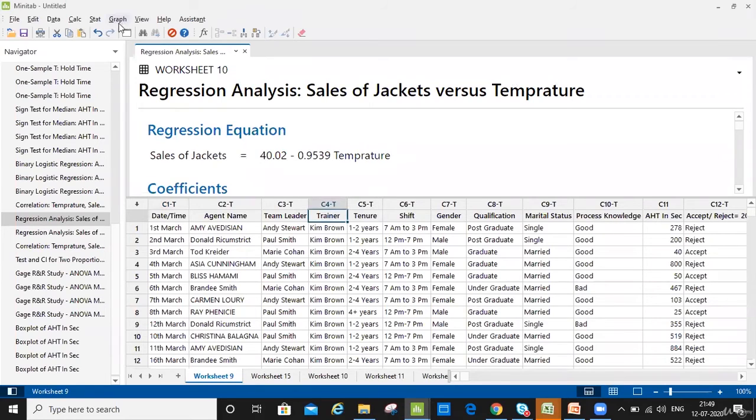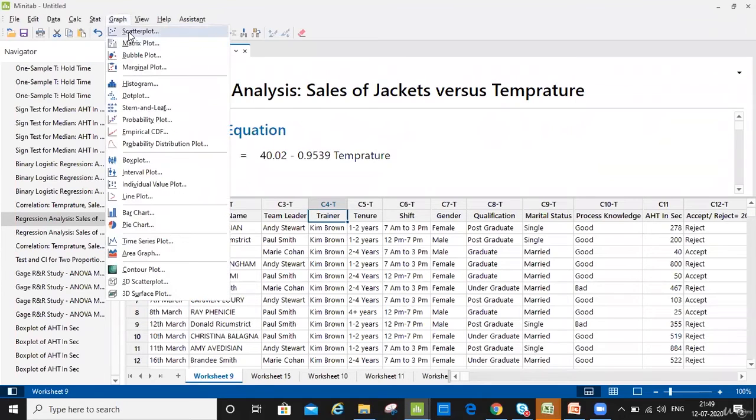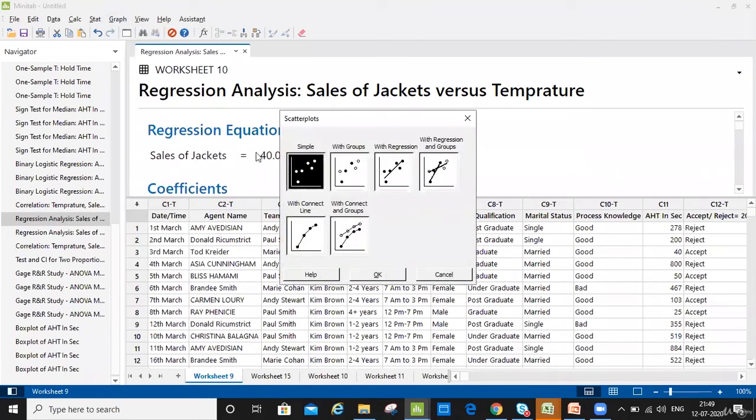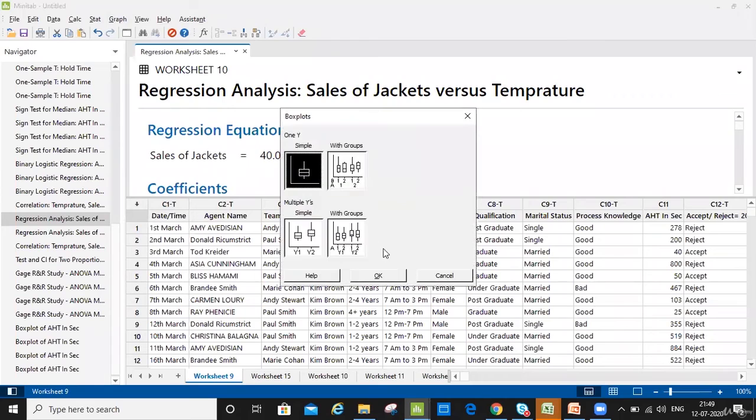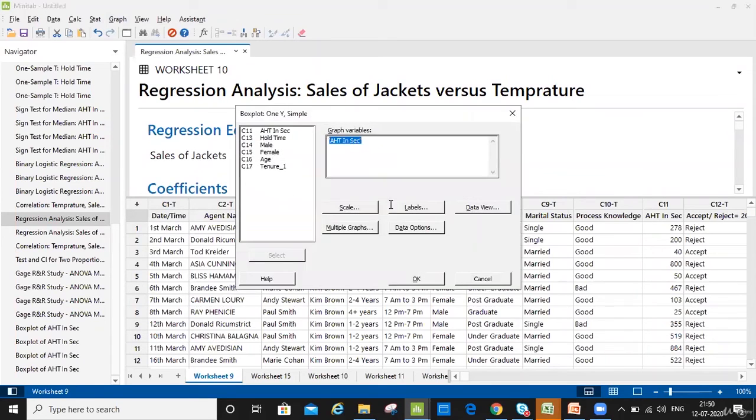So I have the data here. So I go to graph, box plot. Sorry, it's not scatter plot, it is box plot. So I go to graph, I click on box plot. It's very simple. I click on simple, click on OK.